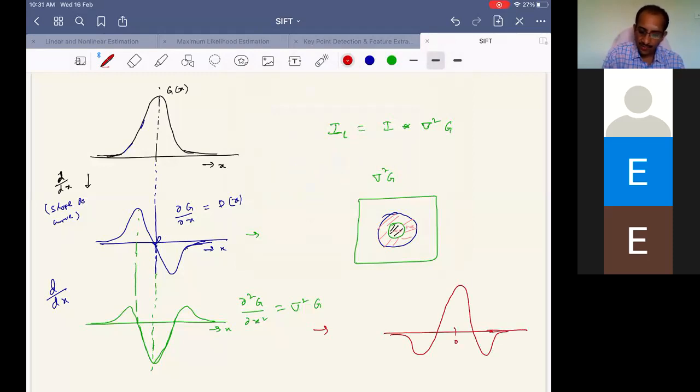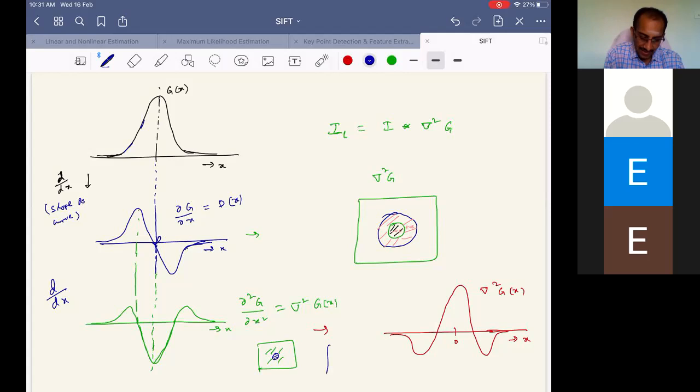This is what we have plotted in one dimension, but in 2 dimensions you can imagine how it looks. It looks like a blob, or a dip where there is a high intensity all through and then a corner in between. That's how it looks, is it not?